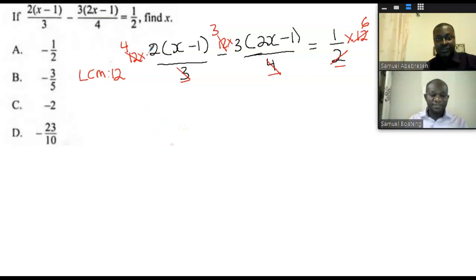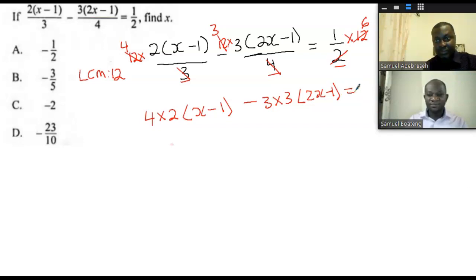So on the next step, 4 times 2, bracket open x minus 1, minus 3 times 3, bracket open 2x minus 1, equal to 1 times 6.